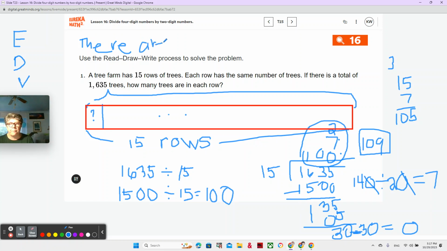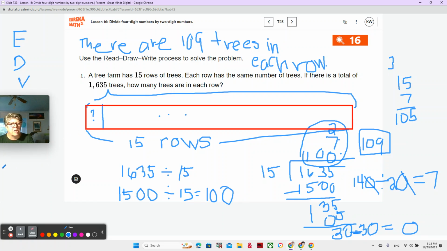There are 109 trees in each row, right? And then, of course, we need to check our answer because we should have done that before we wrote the sentence.